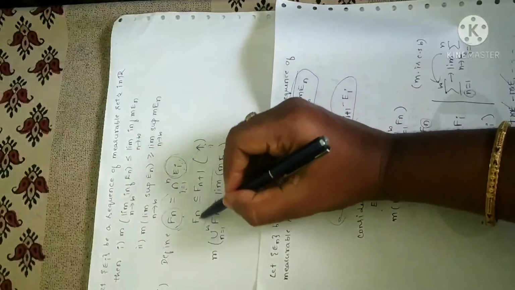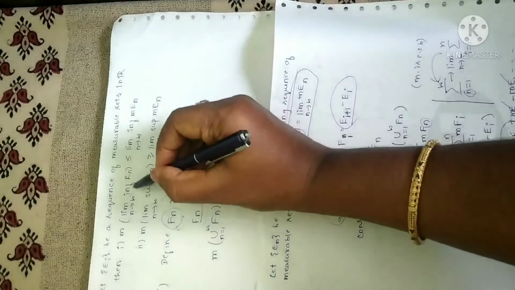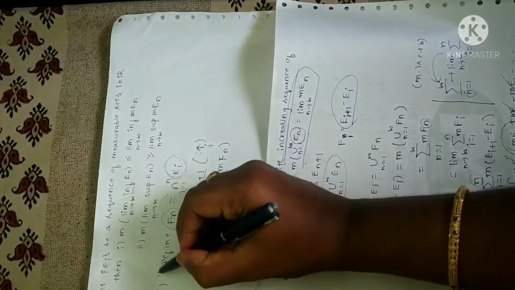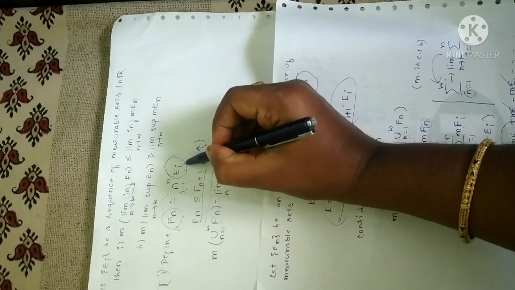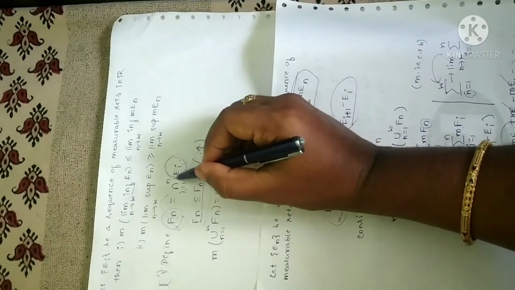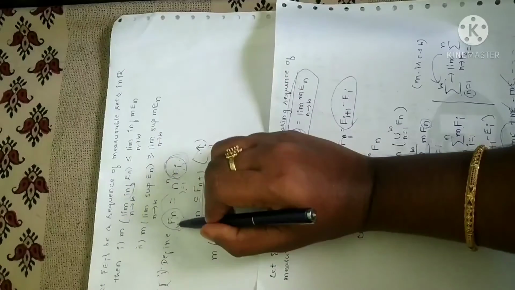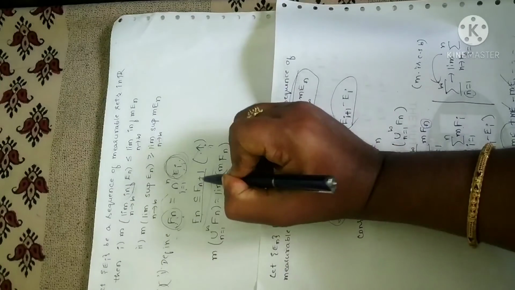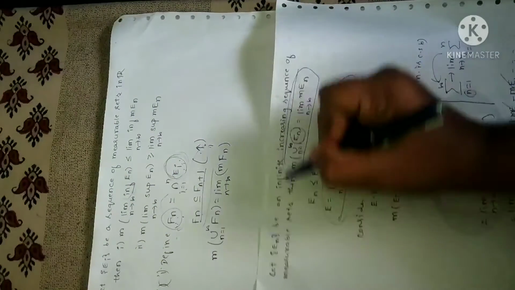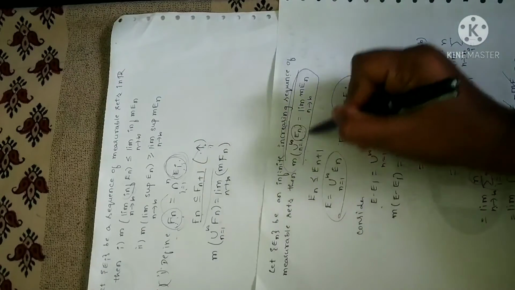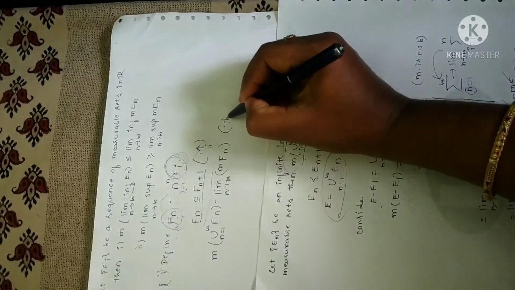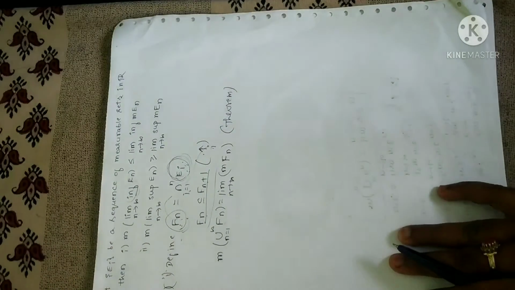As I told you, this is an increasing sequence since we are talking about infimum for the first case. And moreover, Fn is an intersection of measurable sets, so Fn is also measurable. So it is a measurable increasing sequence, so we can apply this theorem. So this is per the theorem. Clear? I have applied the theorem now.